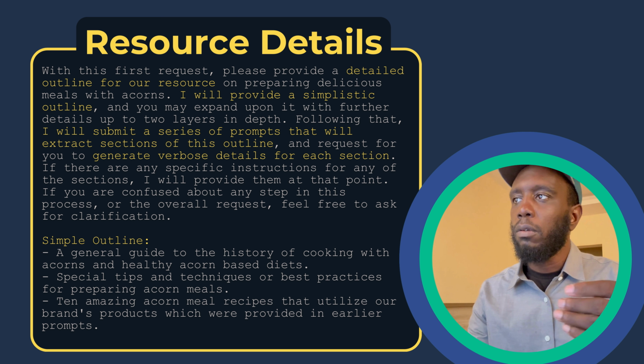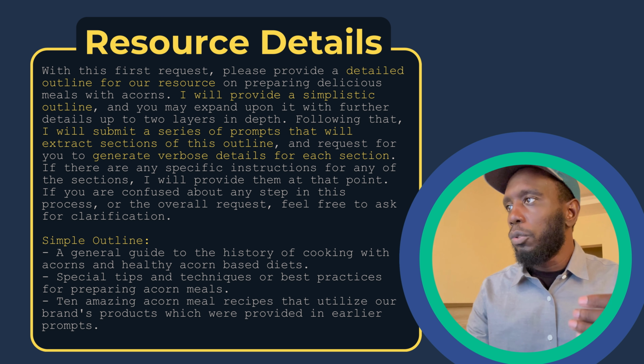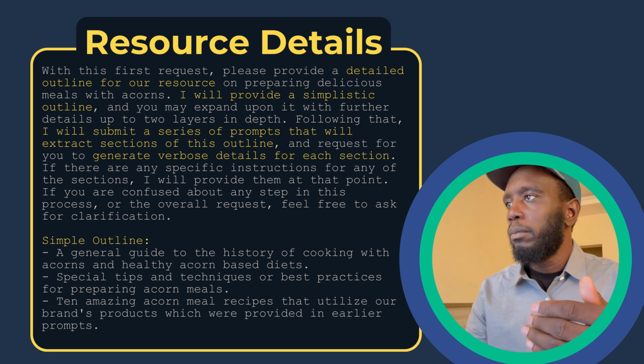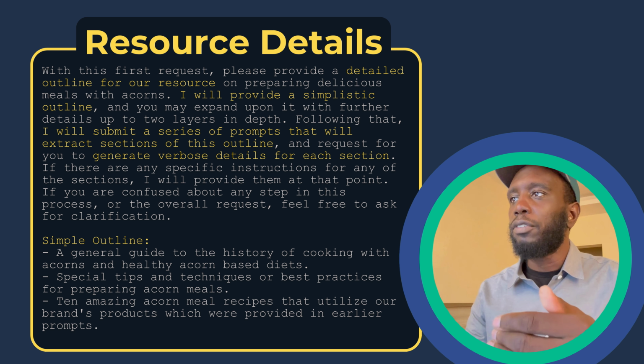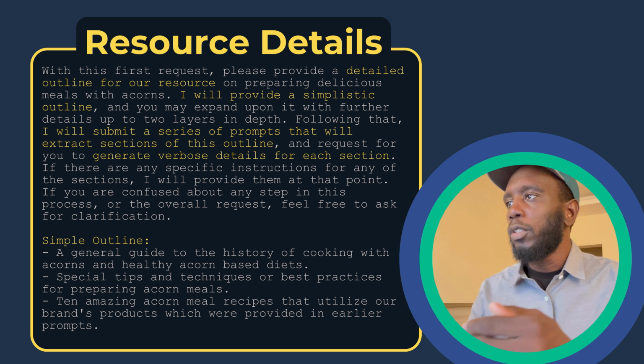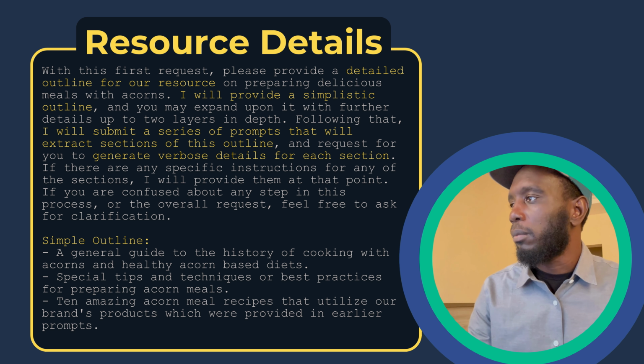After we get that outline, we will submit a series of prompts that will request verbosity, or more details, for every part of the outline, one section at a time, and generate verbose details for each section. Here at the bottom, you see the simple outline we talked about.